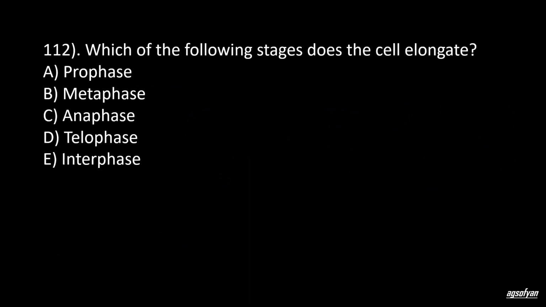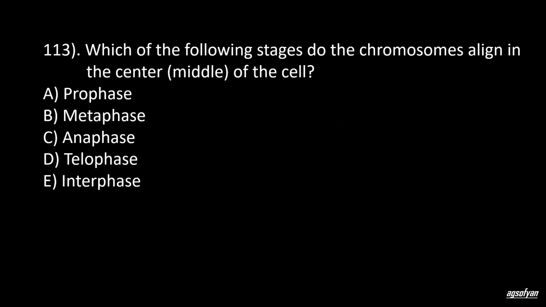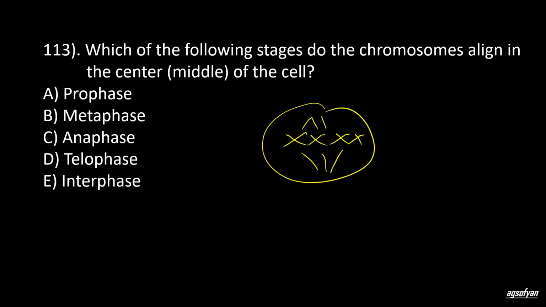Which of the following stages does the cell elongate? I just explained that before. It's going to be anaphase. Which of the following stages do the chromosomes align in the center or middle of the cell? This one will be during metaphase.